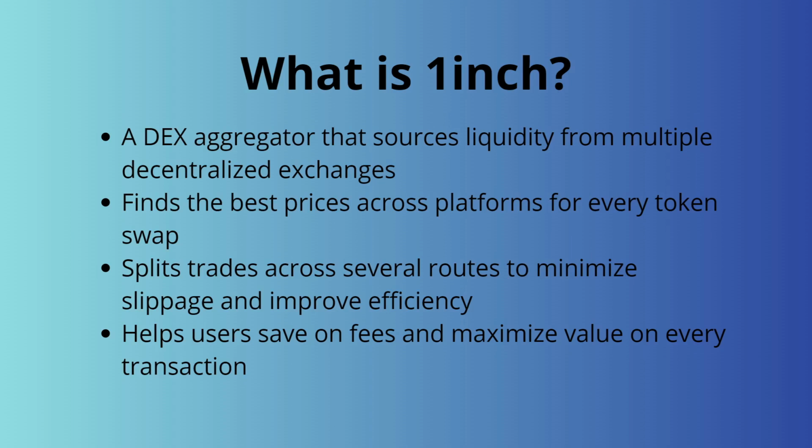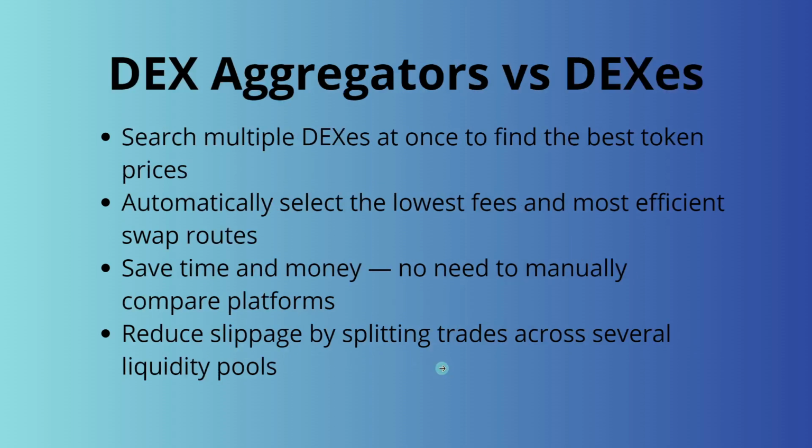As we will see later on, it takes liquidity, for example, from Uniswap or from other DEXs to perform the swaps. In fact, it finds the best prices across platforms for every token swap, splits the trades across several routes to minimize slippage and improve efficiency, and helps users save on fees and maximize value on every transaction.